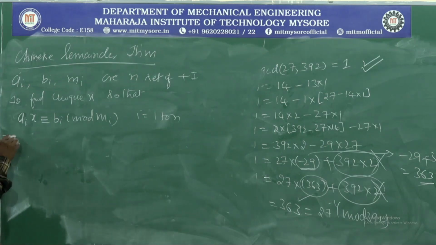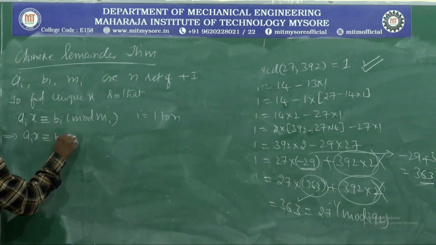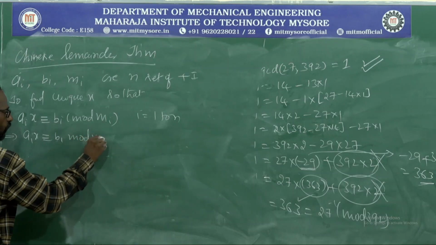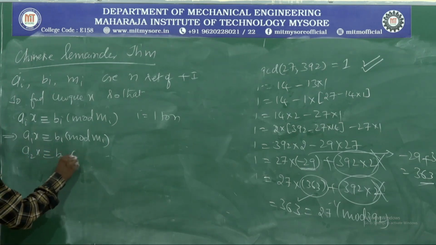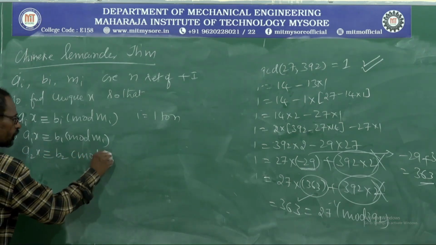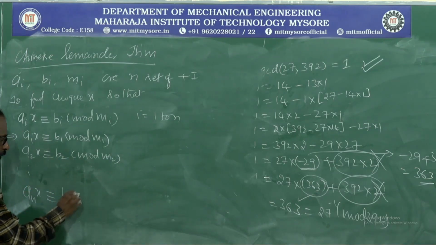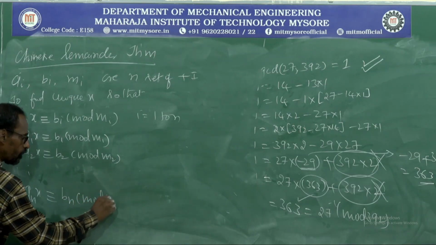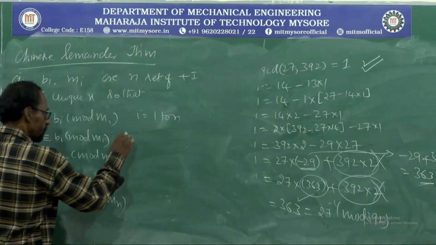a simultaneous linear equation. This implies when you take i equal to 1, it is a1 x congruent to b1 modulo m1. When you take i equal to 2, it is a2 x congruent to b2 modulo m2. Again, etc., an x is congruent to bn modulo mn. What does the Chinese remainder theorem say?